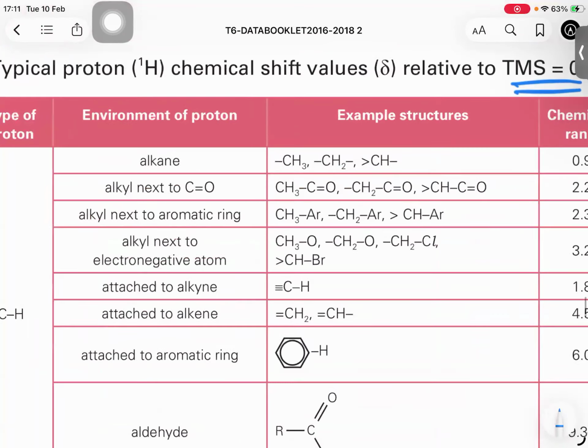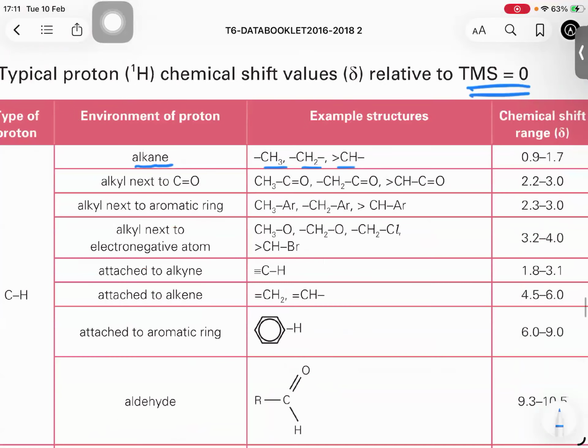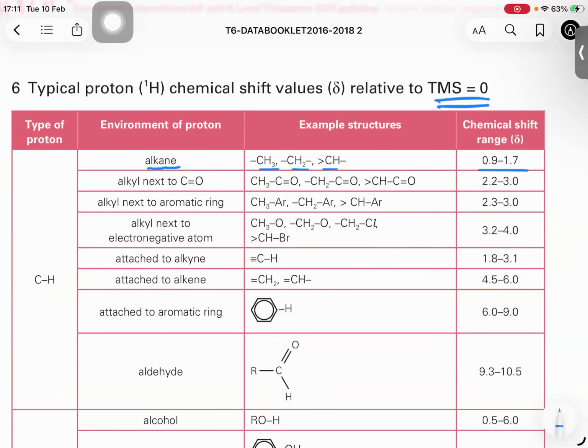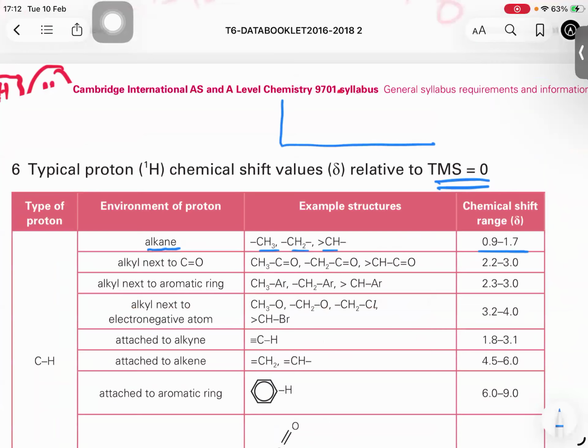Now, if it is an alkane, CH3, CH2 or CH, or next to the alkane, the value is 0.9 to 1.7, right? As I told you, if this is the graph, the NMR spectrum, here is the 0, and then goes 1, 2, 3, 4, 5, 6, 7, 8, up to 13. Sir, shouldn't it be negative? No, that's what I told you.